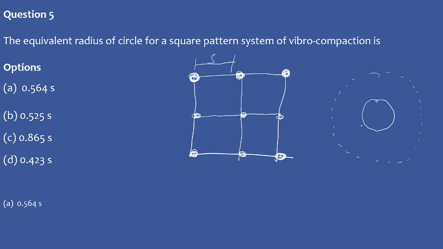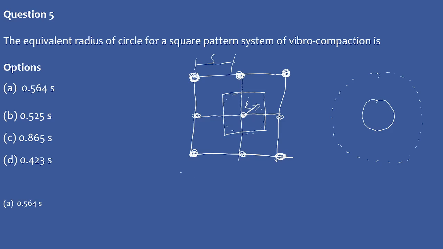That's why, if we consider the radius as s by 2, the confinement is happening around the probe corresponding to the spacing. Since calculation from the cylindrical part is difficult, we are making a square, and so we need to calculate the equivalent radius here.